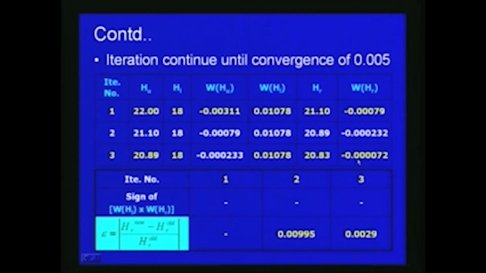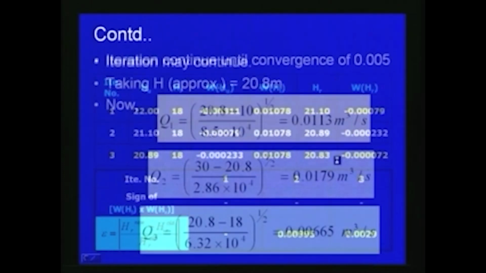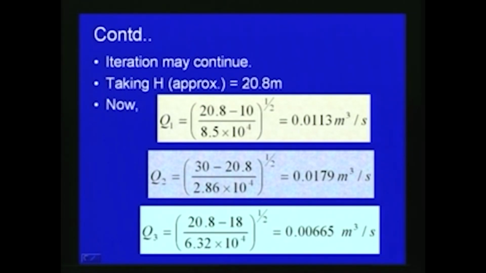You can see that the residue will be minus 0.000072, so again the sign is minus, but the epsilon, when we calculate it, is 0.0029, which is smaller than the convergence limit of 0.005. So here we can stop the calculation. Even though some error is there, we assume the value is almost 20.83. If you want a more accurate value, we can continue through a number of iterations, and we may get a very nearby value.